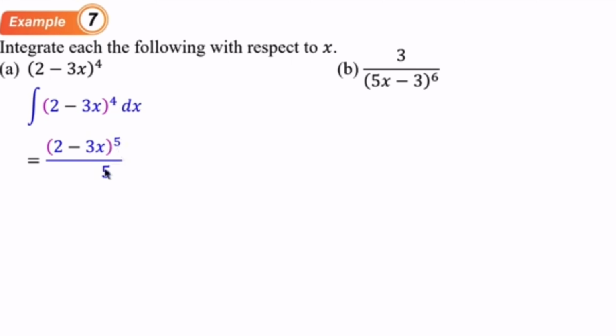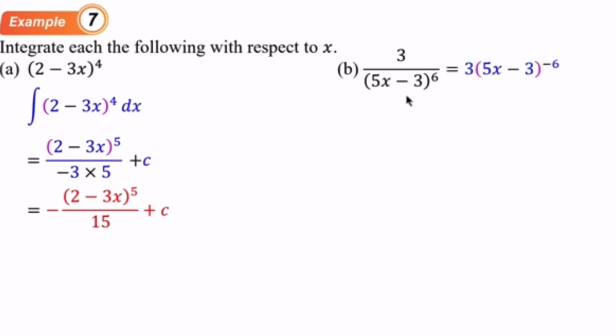So we always take the power plus 1 and then we divide by the number multiplied by x, the so-called coefficient of x, which is negative 3, alright? So that is a shortcut. I want you all to use the shortcut for integration by substitution. Alright, so it is negative 1 over 15, right? So it's (2 minus 3x) to the power of 5 over negative 15 plus c.